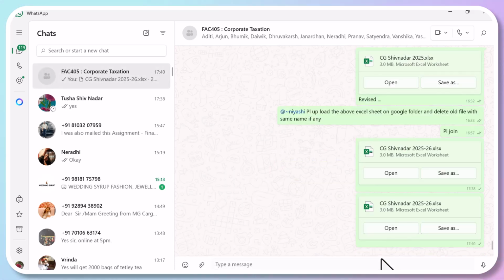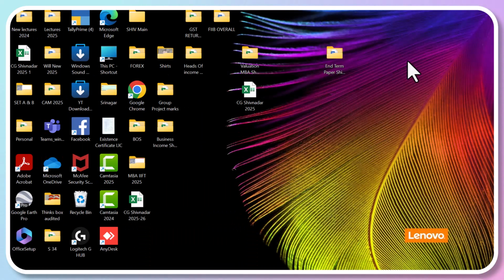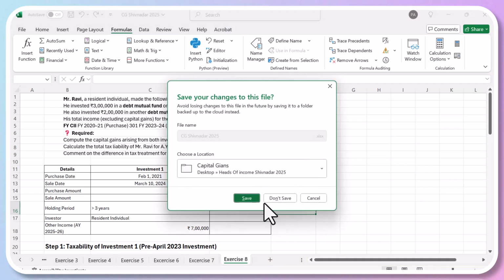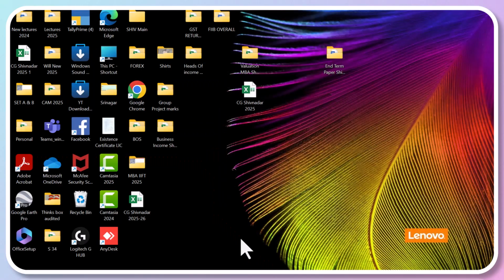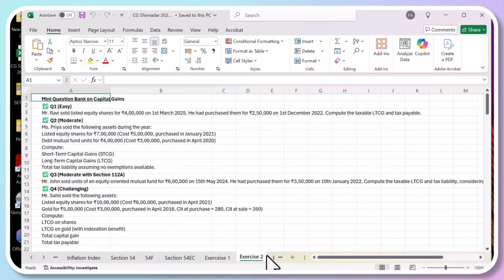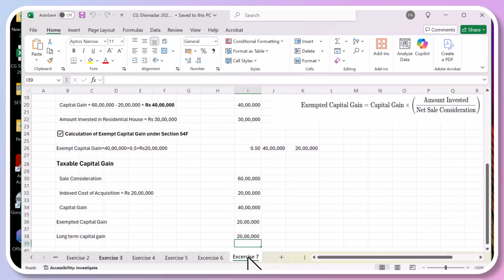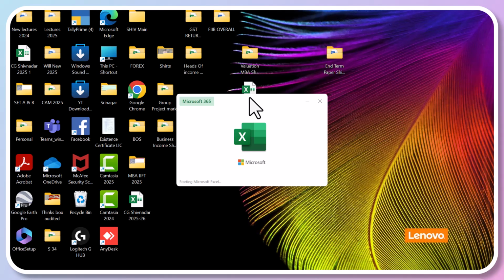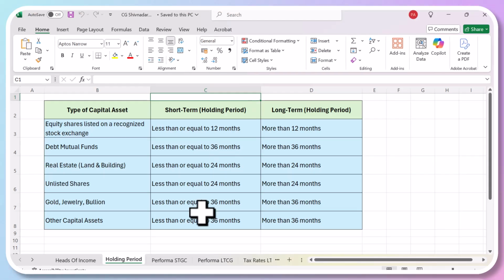I've just resent it again. I'm also opening the same file which I've shared with you. Oh, still you have not got it, I think. It's not there. I can also see that. So I'll just open this file. Just a sec. I was just trying to see whether I'm getting it or not.